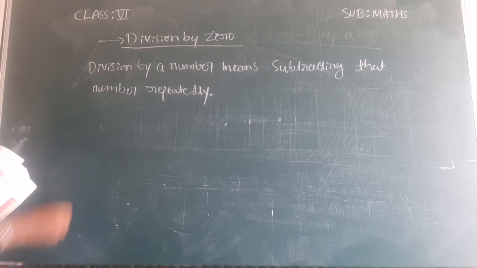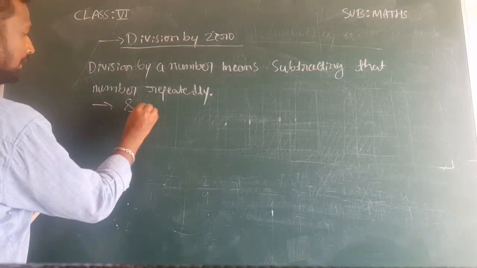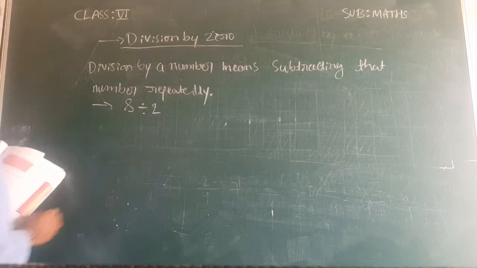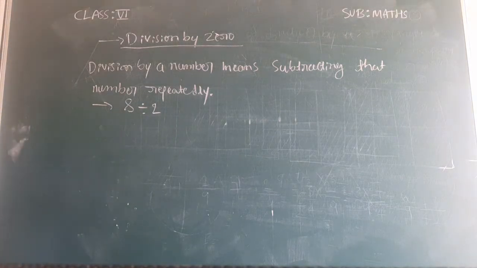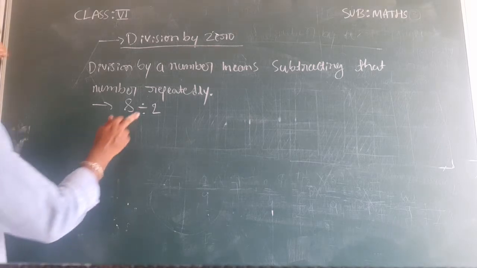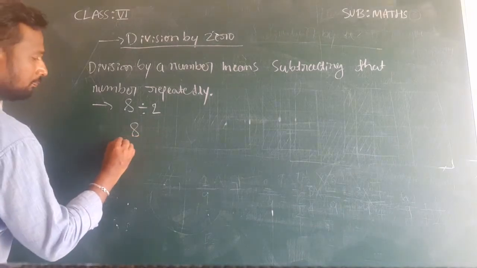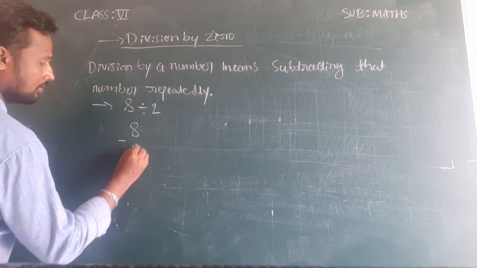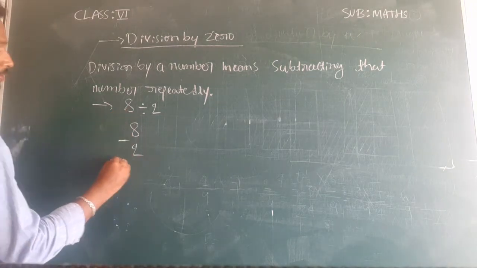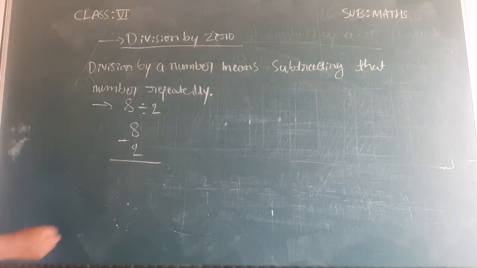They have given an example here, that is 8 divided by 2. 8 divided by 2 means we will subtract this 2 repeatedly from this 8. So 8 minus 2 means 6.